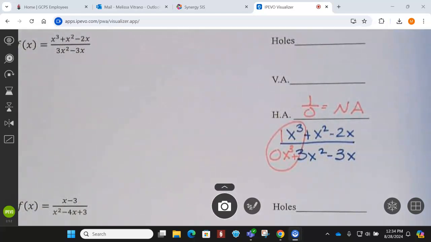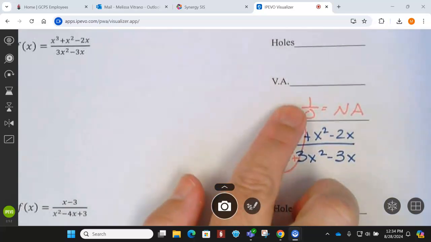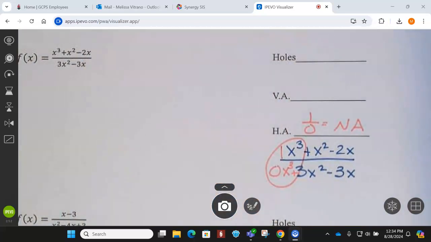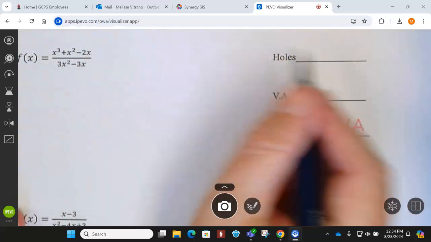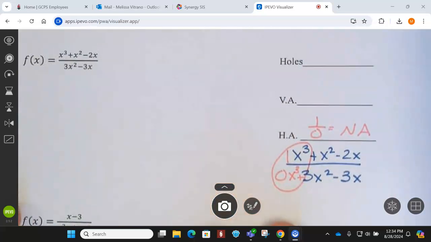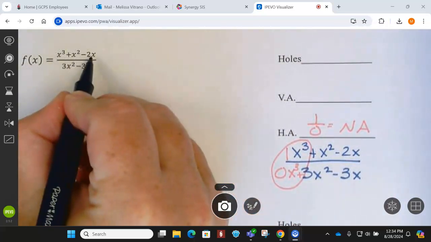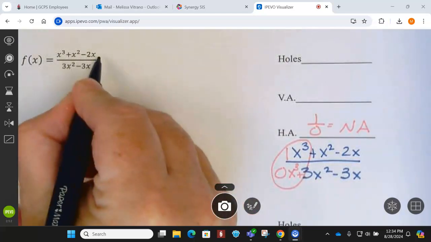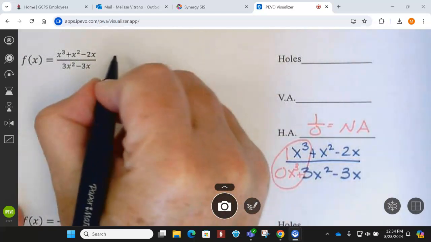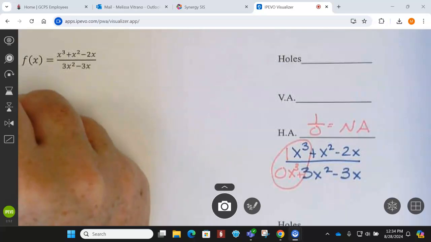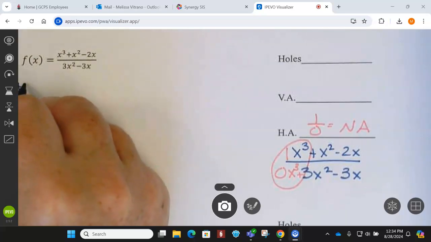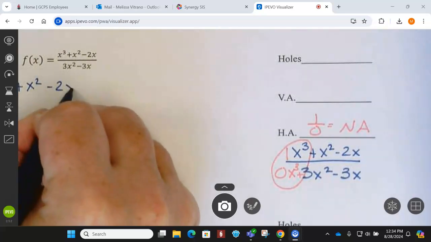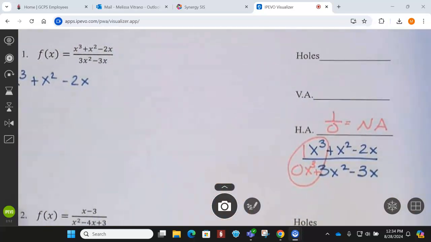Okay. So now to answer the other two questions, we need to factor. So let's look at this first here. So notice first we have x's in everything. So what I want to do, I'm going to separate this, plus x squared minus 2x.